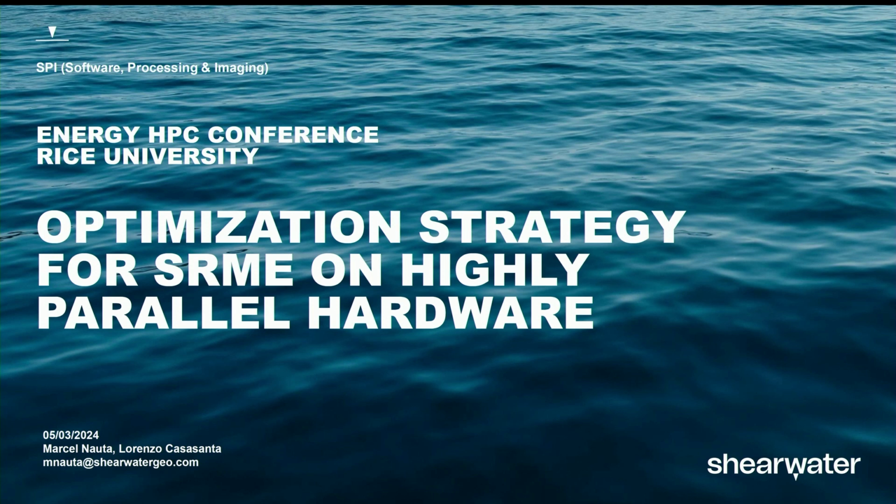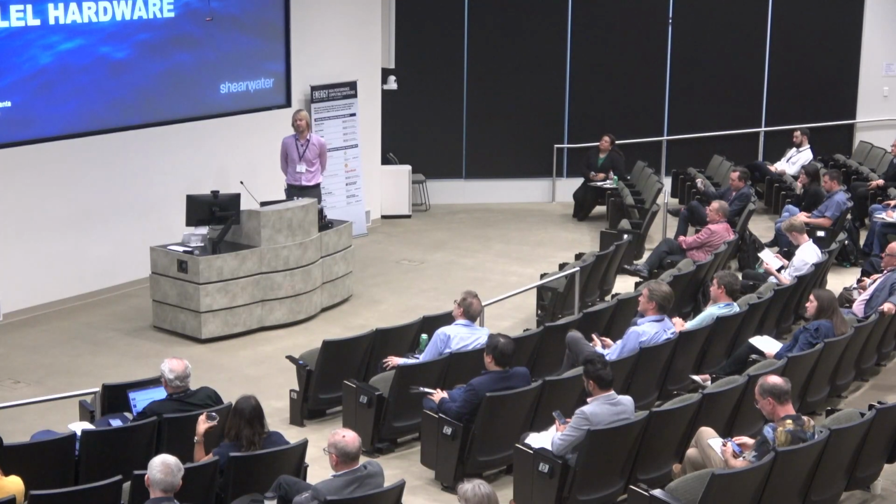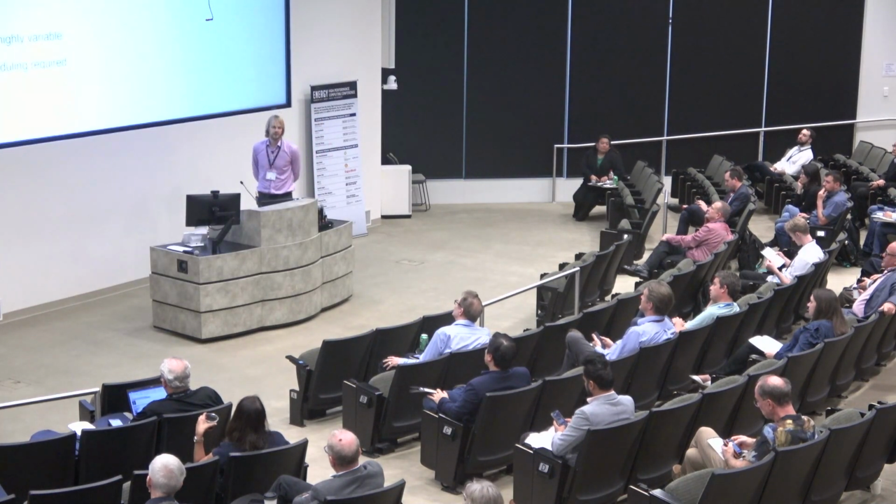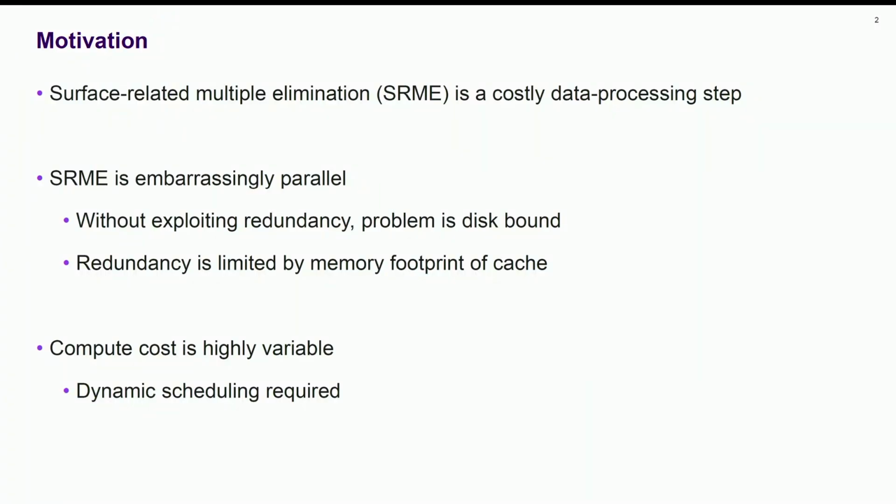So today I'd like to talk to you about the techniques that we use to optimize SRME on highly parallel hardware. That means both GPUs, but also CPUs as the core counts get higher and higher. Currently, we had an implementation, which is probably pretty similar to the industry standard. It does the normal OpenMP for loop, serial section, OpenMP for loop, serial section.